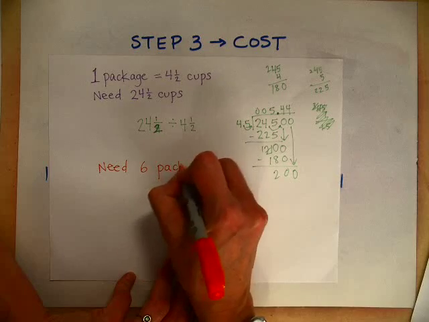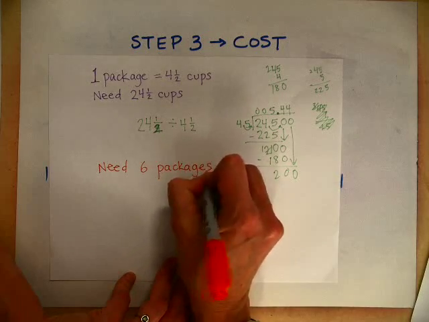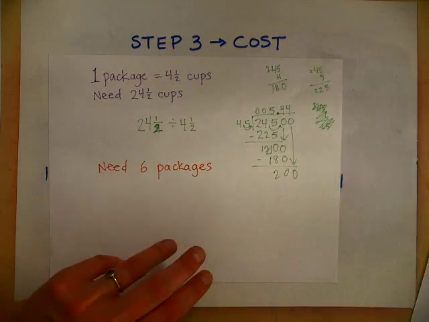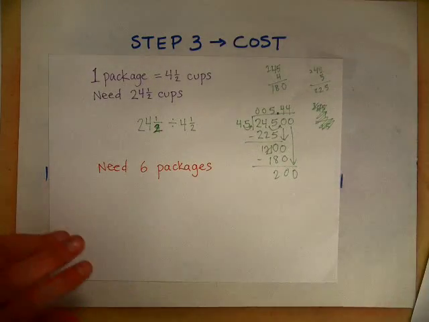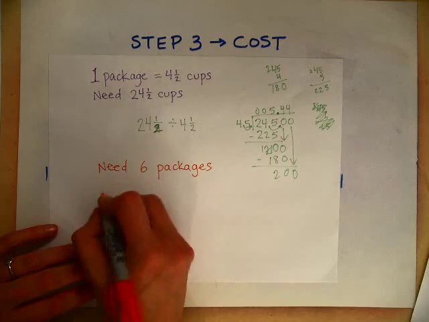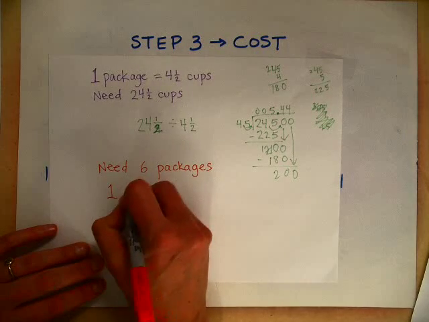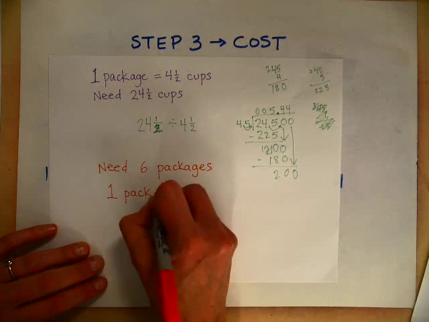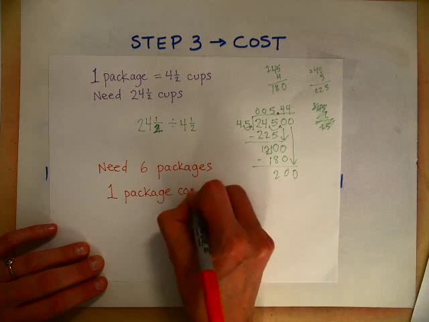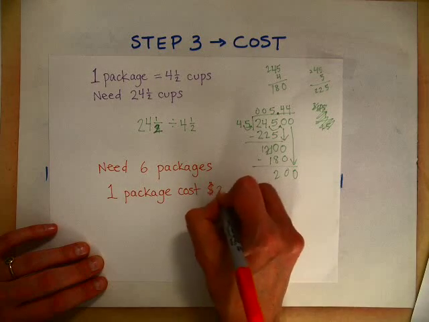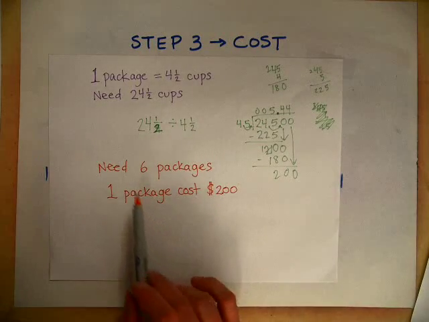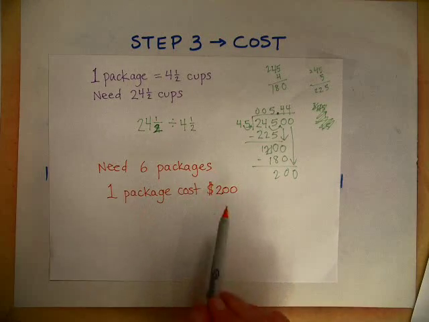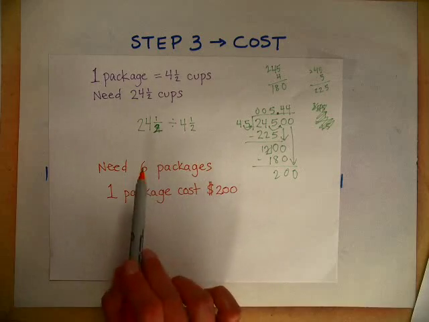And if you remember from the beginning where I had my little price thing, each package cost $2. So now, if each one costs $2 and I need 6, that's just 2 times 6 packages.